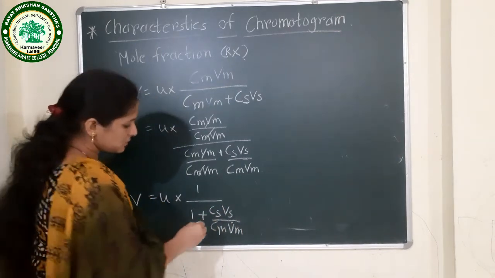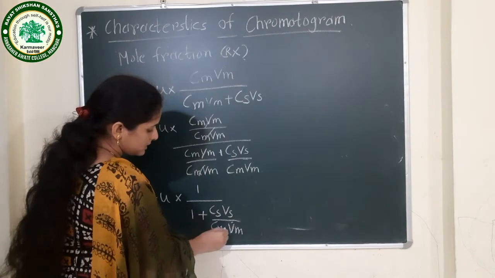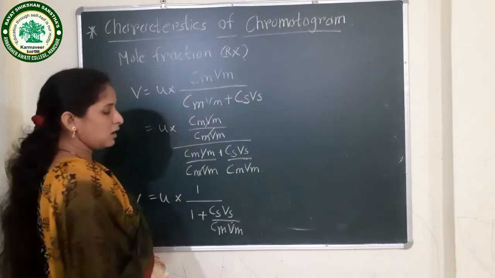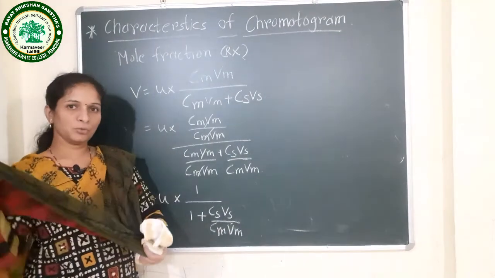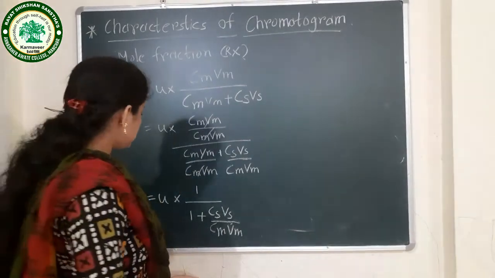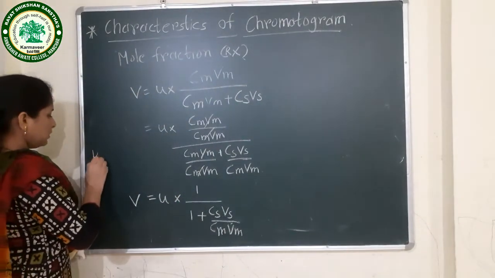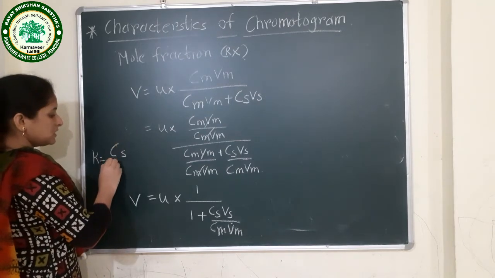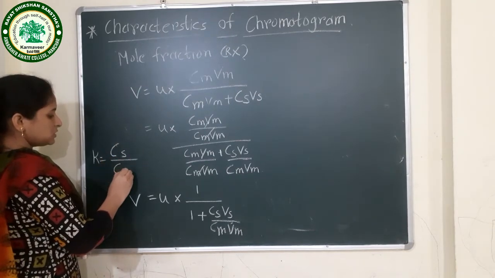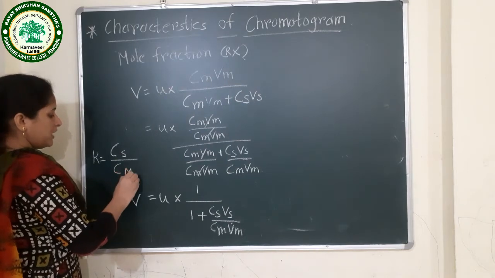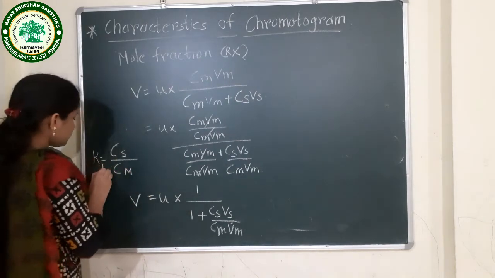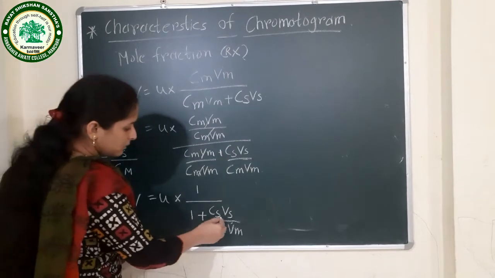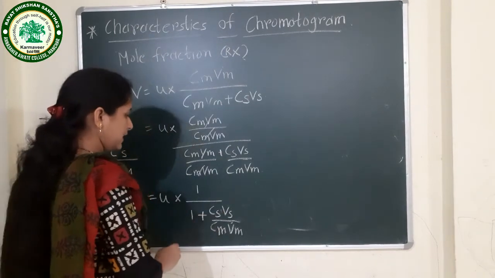Now what is this quantity Cs upon Cm? We have seen the Kd means distribution coefficient. Distribution coefficient Kd is equal to concentration of compound in stationary phase upon concentration in mobile phase. Okay, therefore we can write this quantity as Kd.